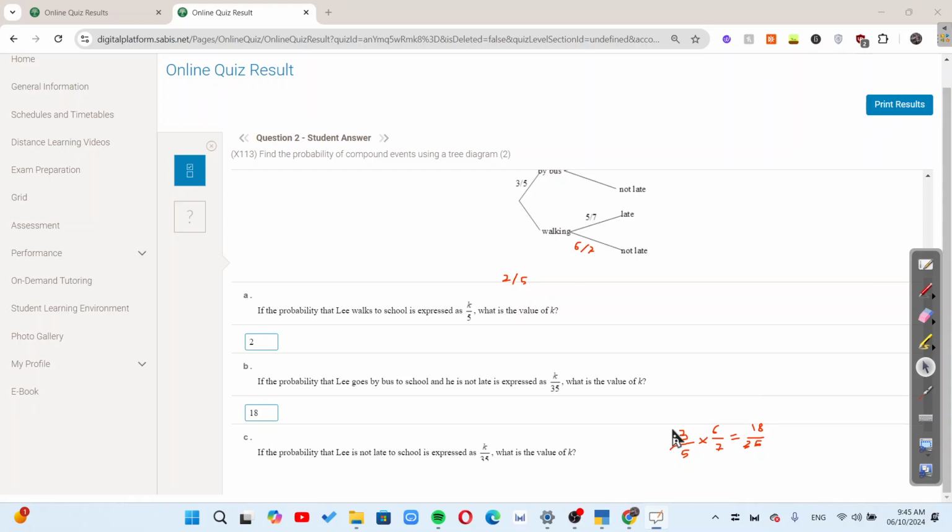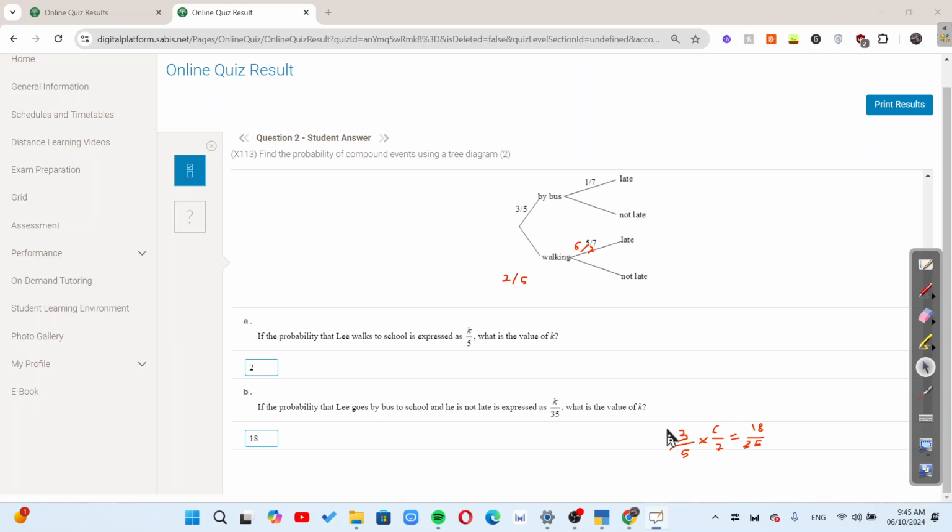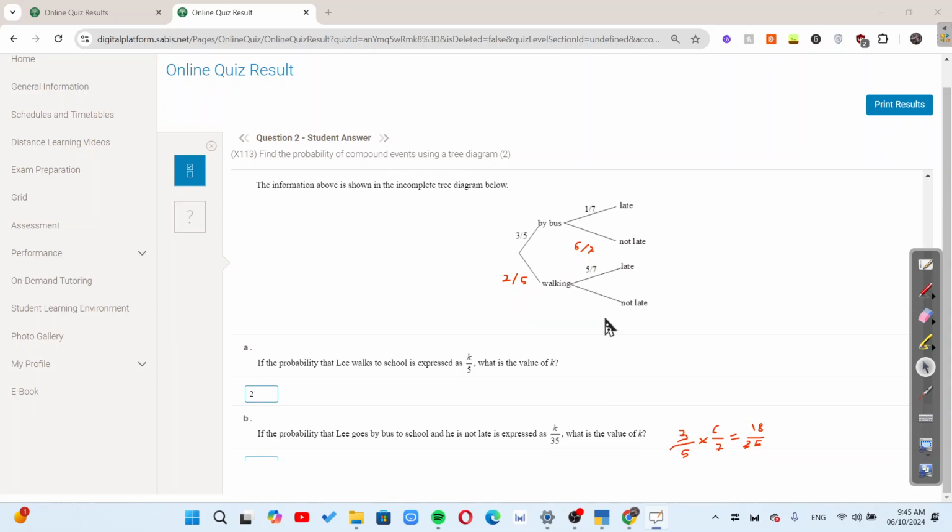Now the probability that Lee is not late to school at all. You need the probability of him not being late at all, so it's bus and not late plus walking and not late.